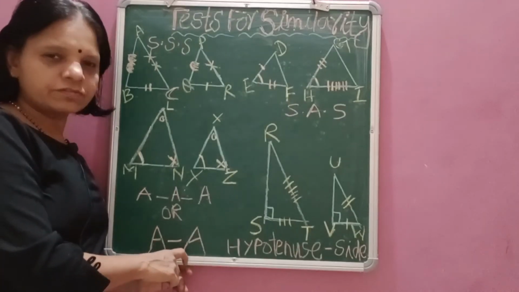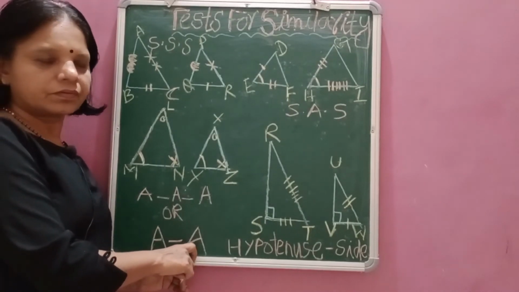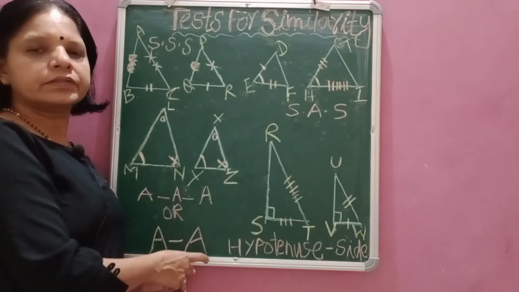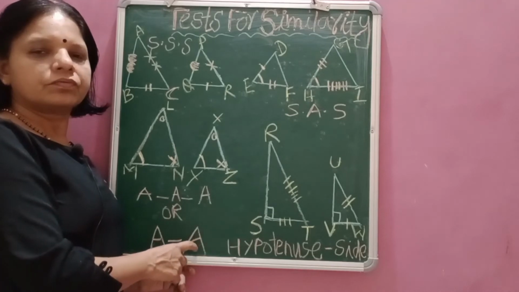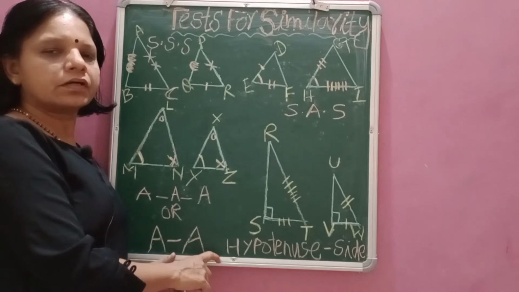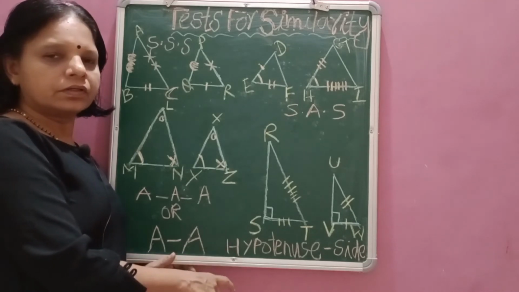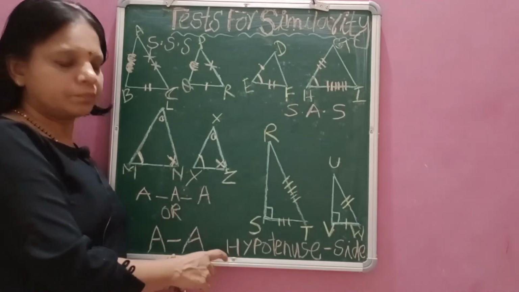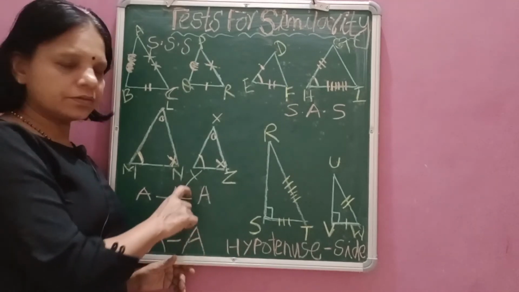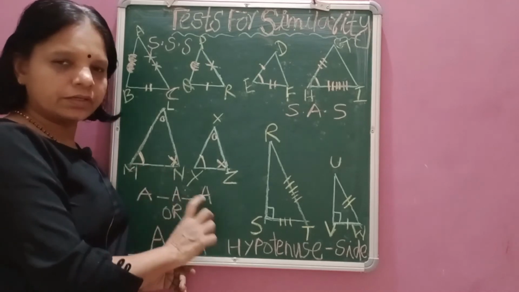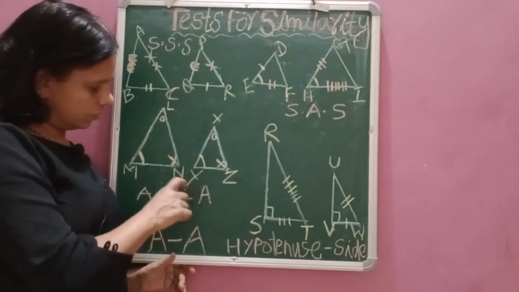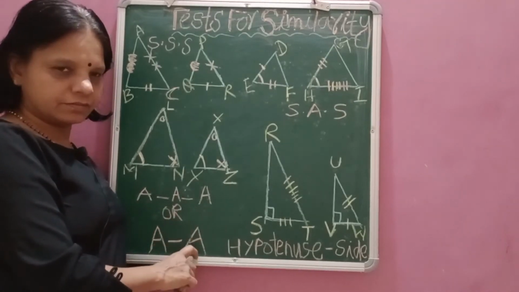And AA test we can also define as: in 1-1 correspondence between the vertices of two triangles, if two of the pairs of corresponding angles are equal, then the triangles are similar by AA test. Actually, it is one and the same. The third A you need not test. This is enough. Clear? So, AAA test and AA test.